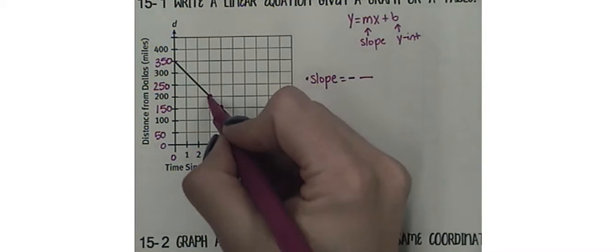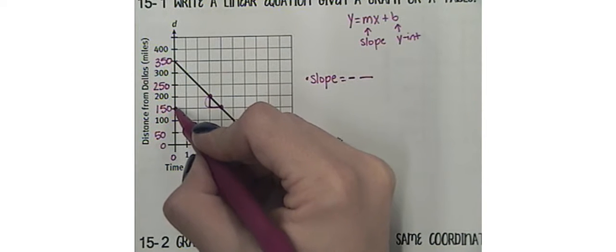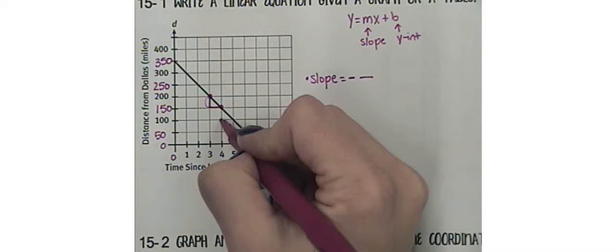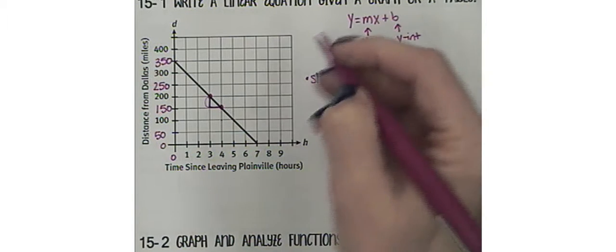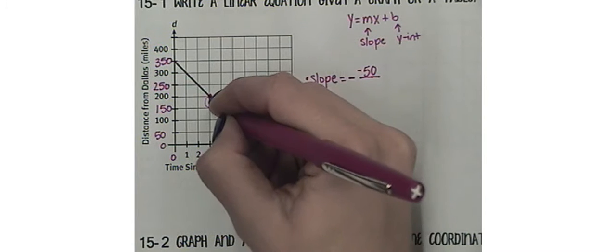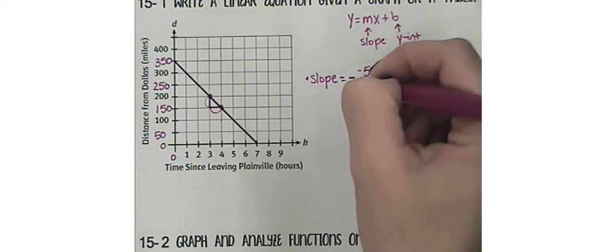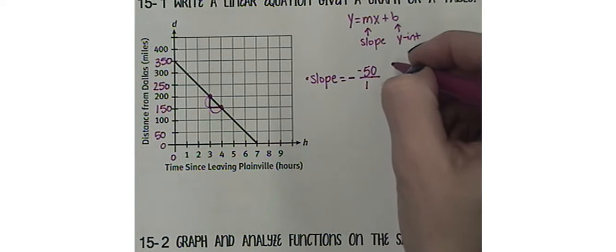I'm going down one box from 200 down to 150, or 150 down to 100, or 100 down to 50. So I'm going down 50 over one space from 3 to 4, 4 to 5, 5 to 6, so over 1. And this reduces to negative 50.